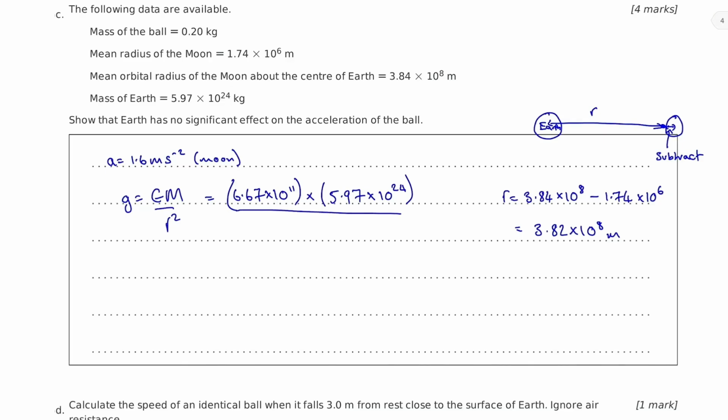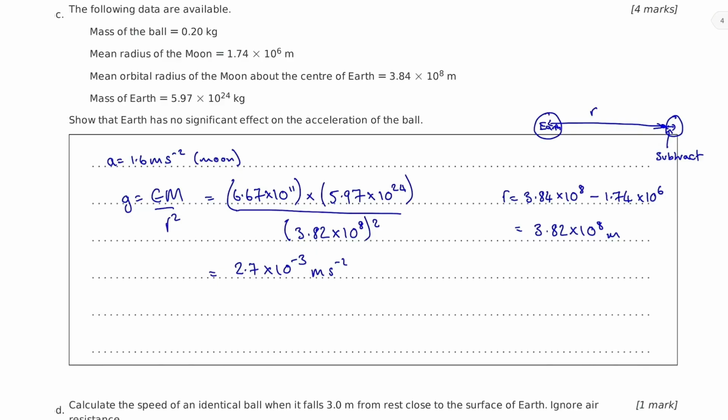So let's pop this back into the sum here, squared. And the answer for this is 2.7 times 10 to the minus 3 metres per second squared. That's quite small.